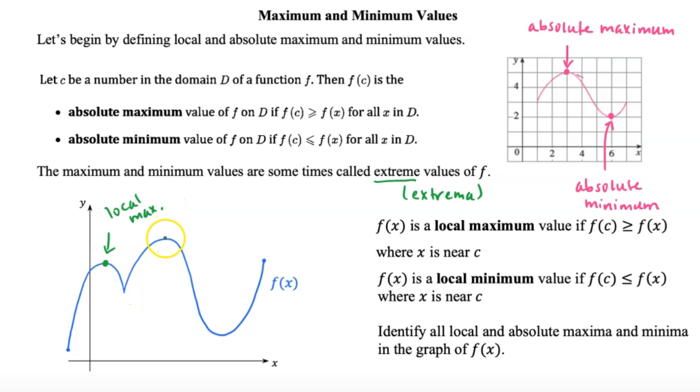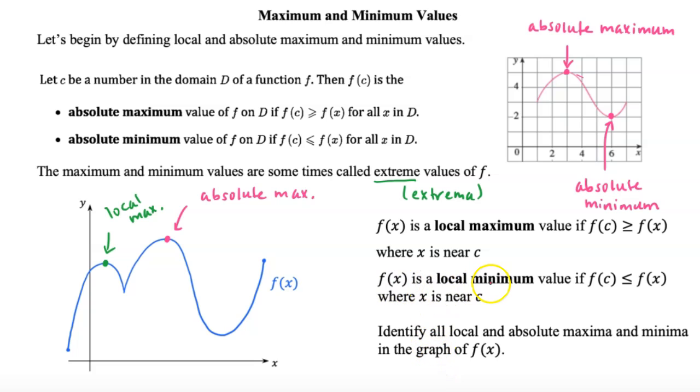Now what about this right here? Well, now this is not just the local max, but in fact it looks like the largest y value on the entire interval. And so this is an absolute max value. This is an absolute maximum.